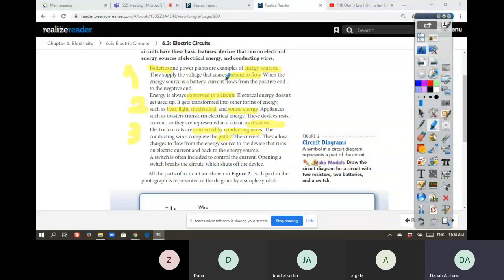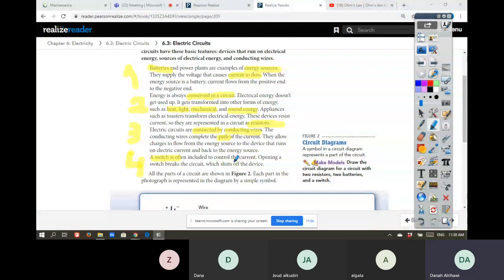So number one, I need a source of energy. Number two, the resistor or appliances or anything that uses the electric charge. Number three, the conductors or the wires. Number four, not all of them, some of the electric circuits have a switch, often included to control the current, but it's not obligatory.